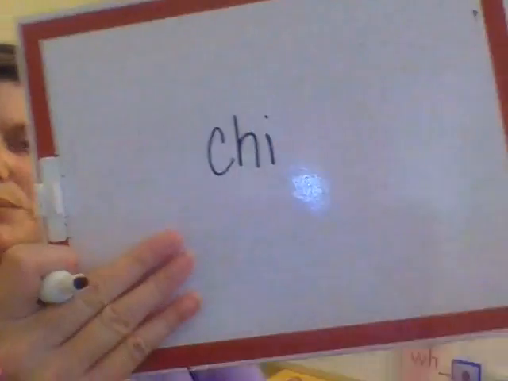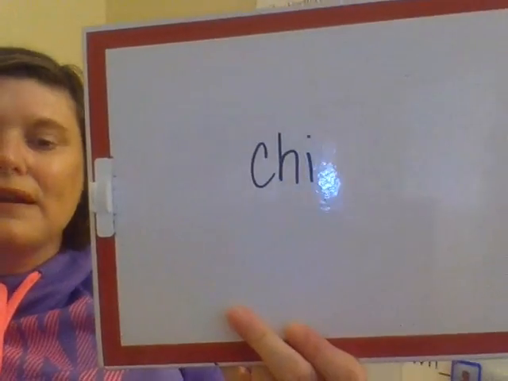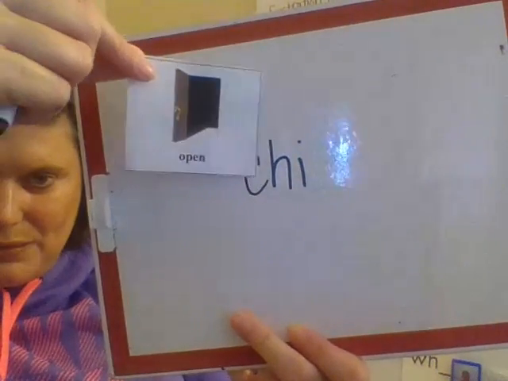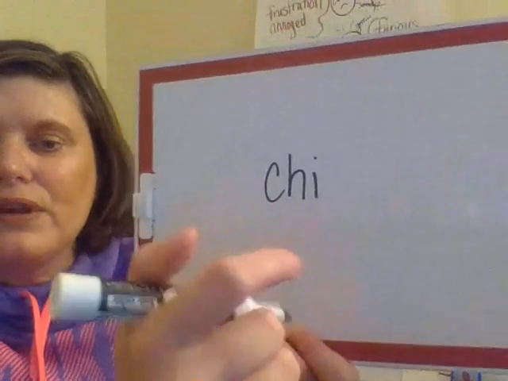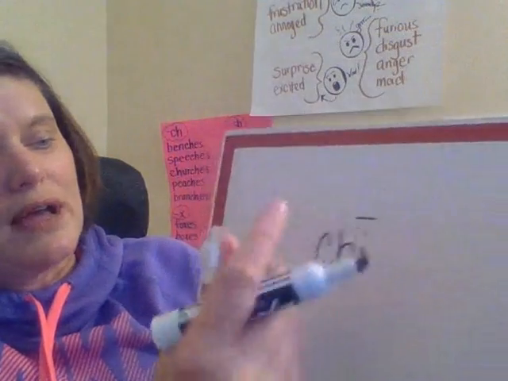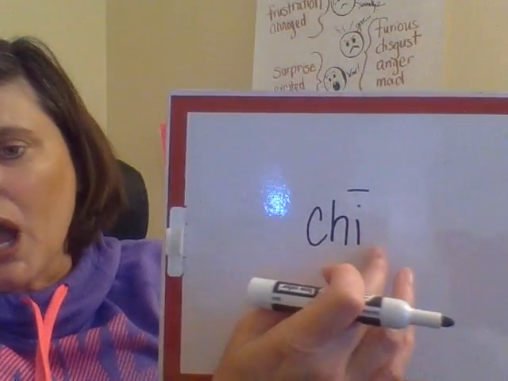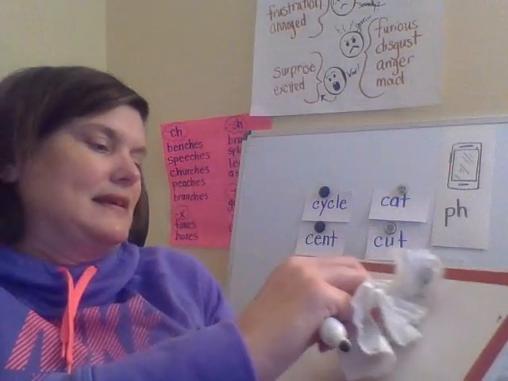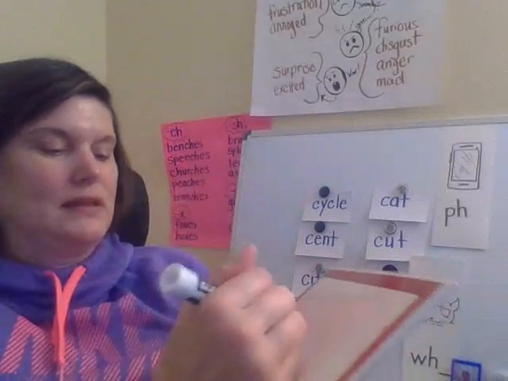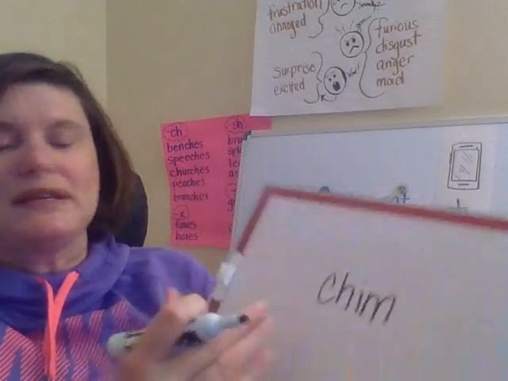Let's do just one more of these. Okay, what syllable type is this? Yep, it's an open syllable because we do not have a consonant after the vowel, so this can make a long I sound. Here we go. Chai. Good. Now, let's transform it.